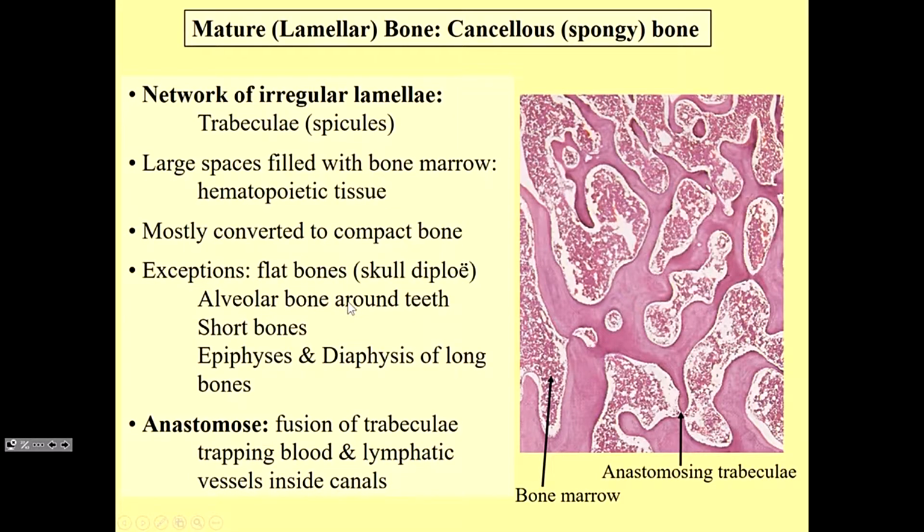So first we get the spongy bone, and we talk about trabeculae and spicules. You see these little branches here. These are called trabeculae or spicules, and so this is the true bone here. And in the center we have bone marrow. Okay. And so we see this spongy bone in many different locations, and sometimes with bone remodeling we can get the fusion of some of these trabeculae and spicules together.